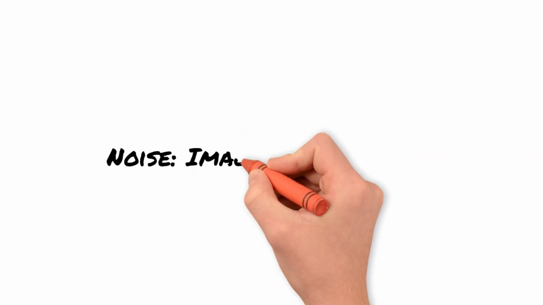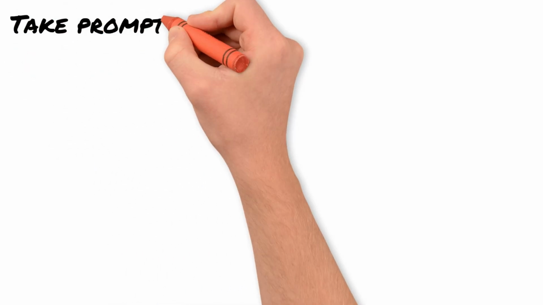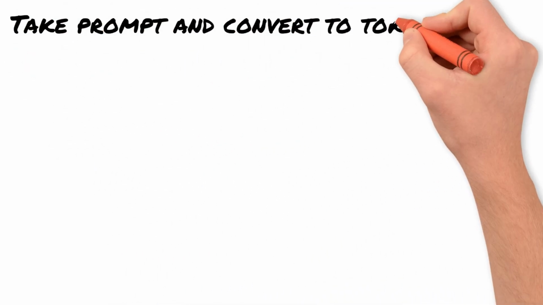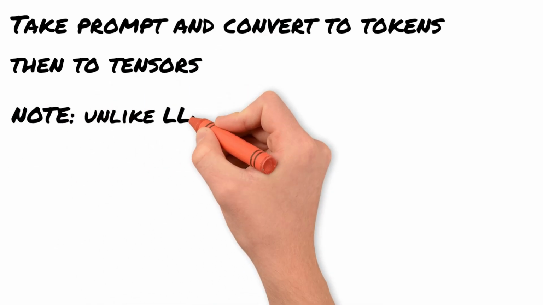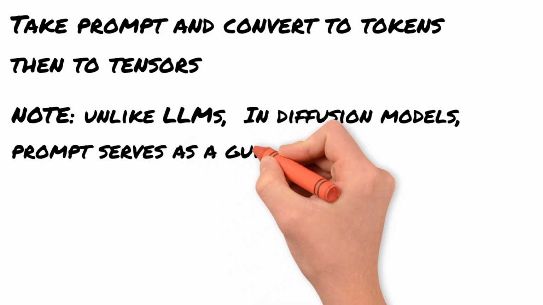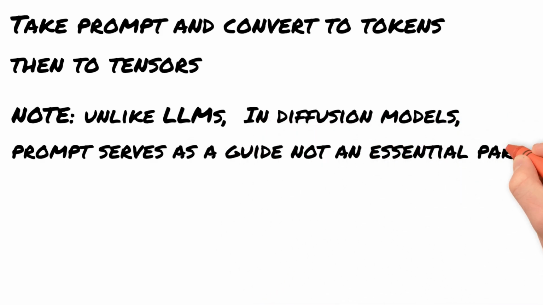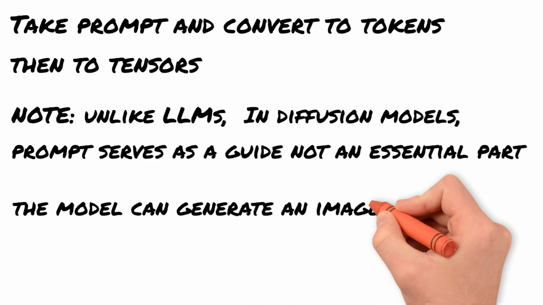Let's go over the image generation process. We'll start with a prompt and then convert that to tensors using tokens. Note, unlike LLMs, in diffusion models, the prompt serves as a guide during generation, but it is not an essential part of the process. The model can still generate an image without a prompt.